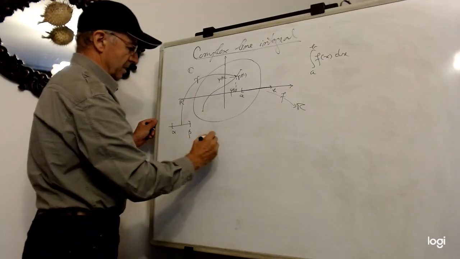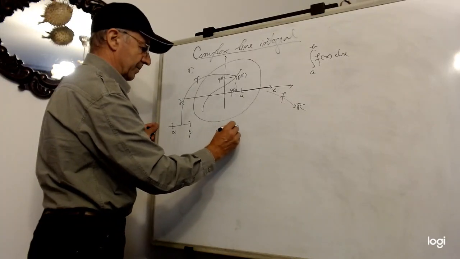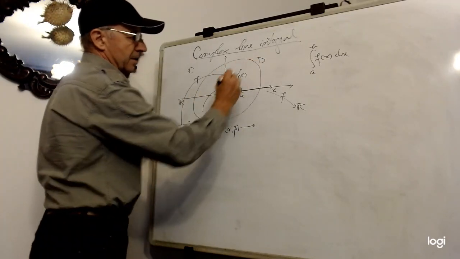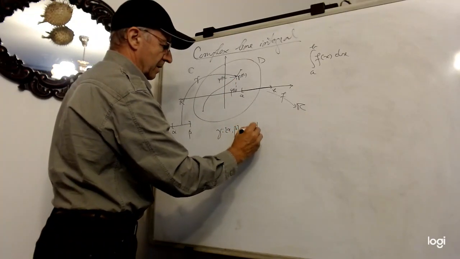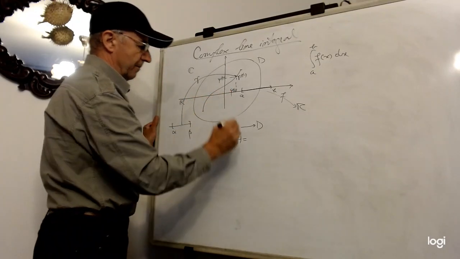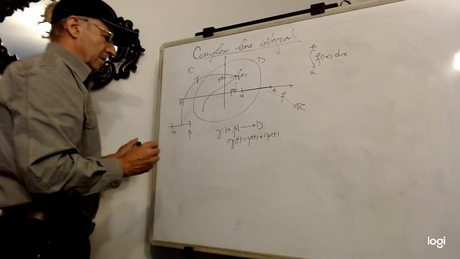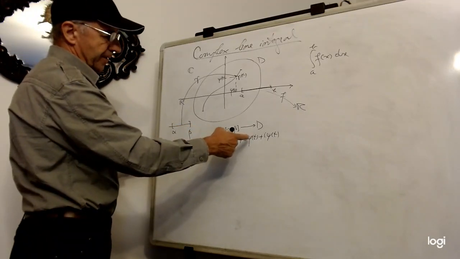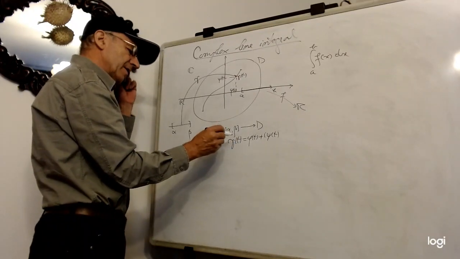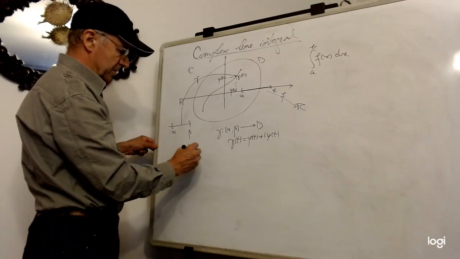We usually consider the path contained in an open set D, and gamma of t equals phi of t plus i psi of t. We consider such path continuous. We ask gamma to be a continuous function. This happens if and only if both phi and psi are continuous functions.